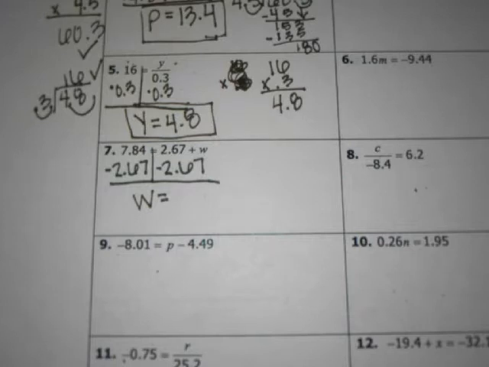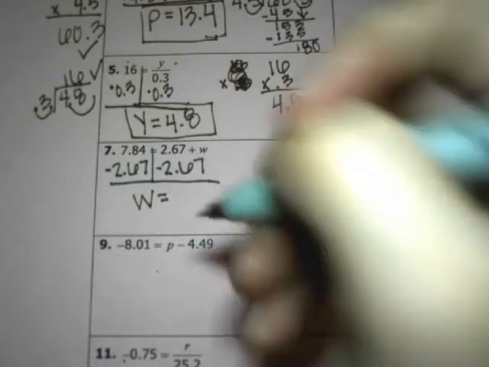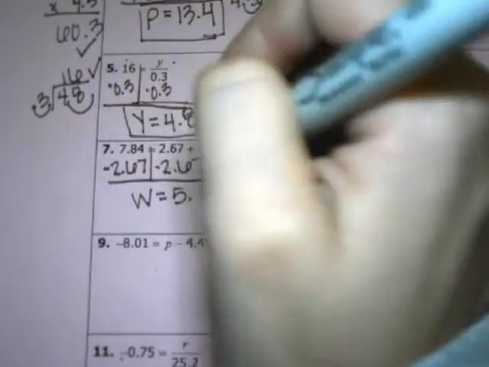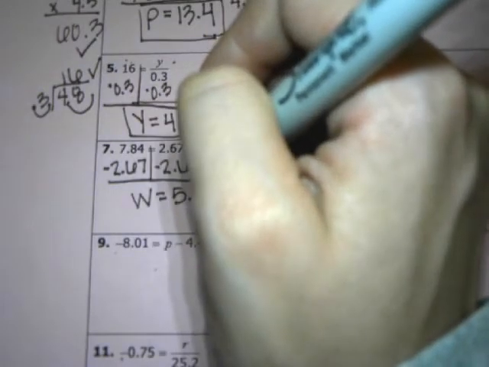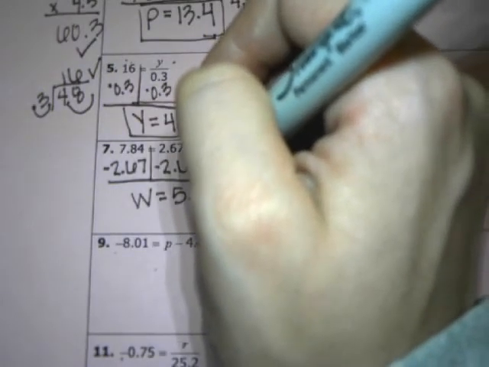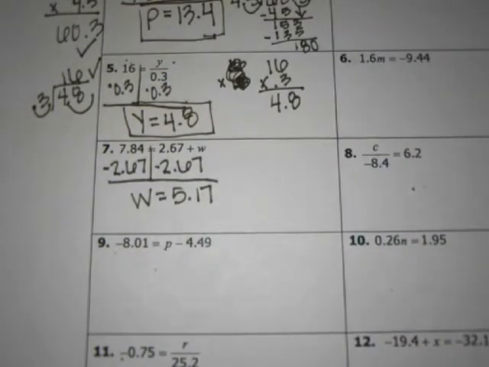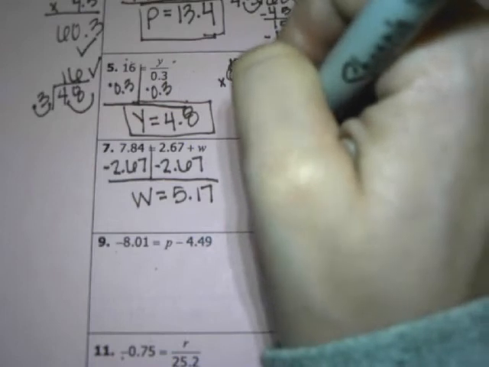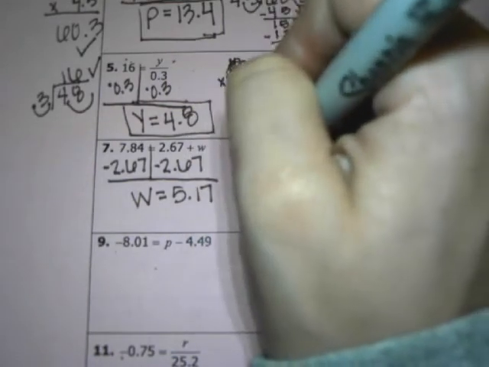What did we get, guys? 5 point what? 5.17 is what you should have told me. Positive or negative? Positive. What should we do to double check our answer? Okay, we're going to do 2.67 plus 5.17.